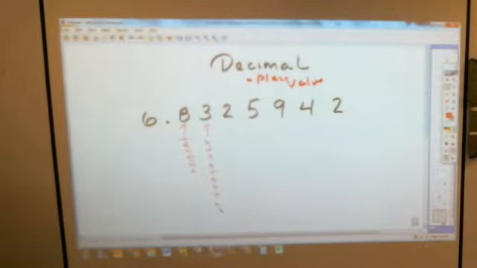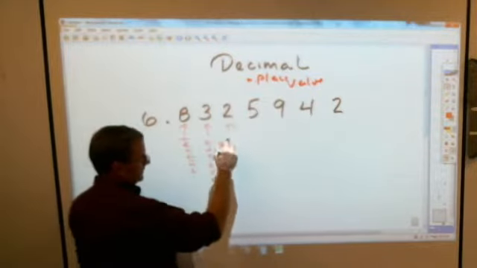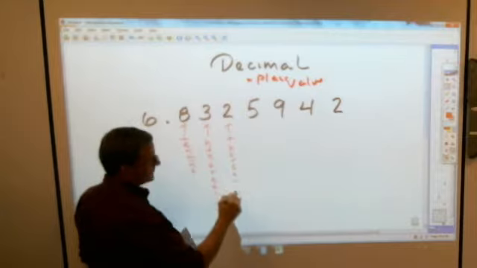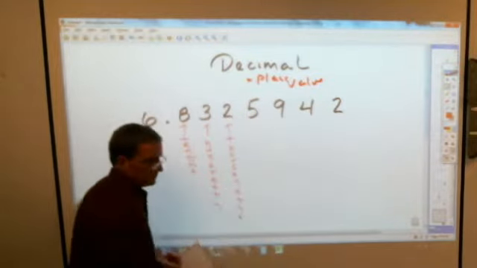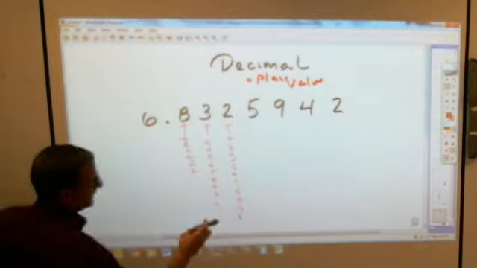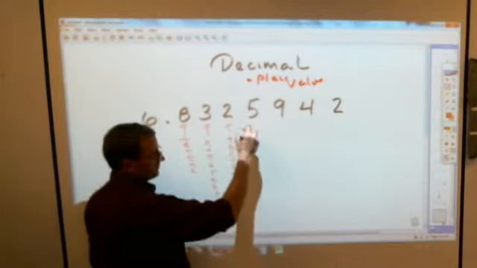And then as I go farther yet, this is the thousandths place, which means if I took my hundredth and cut it into 10 equal pieces, that's 1/1000th of this thing. And as I keep doing that, the farther away I get, the smaller and smaller my pieces get.